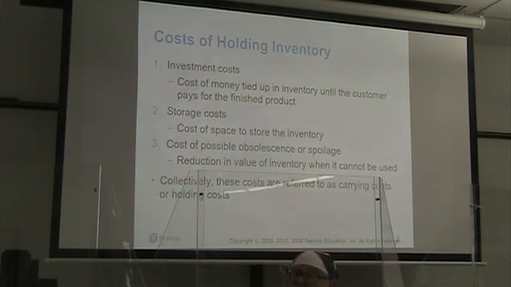That neglects the cost of having people come by and count it to make sure that we have the inventory we're supposed to have, and having people guard it. The cost of possible obsolescence or spoilage.